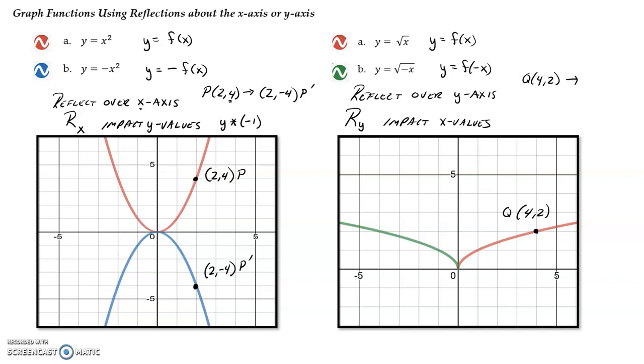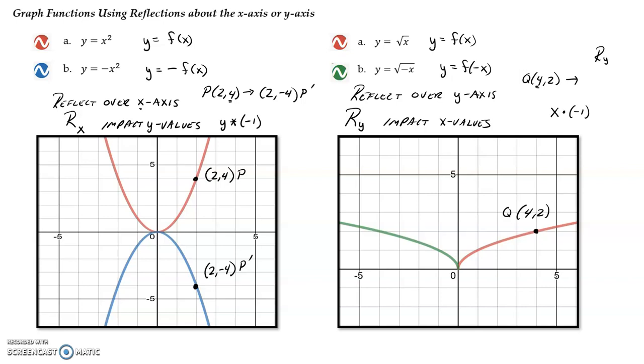And when we go ahead and reflect this over the y-axis, we're going to be taking our x values and multiplying them by a negative 1. So this time we're looking at the 4, that's our x value.